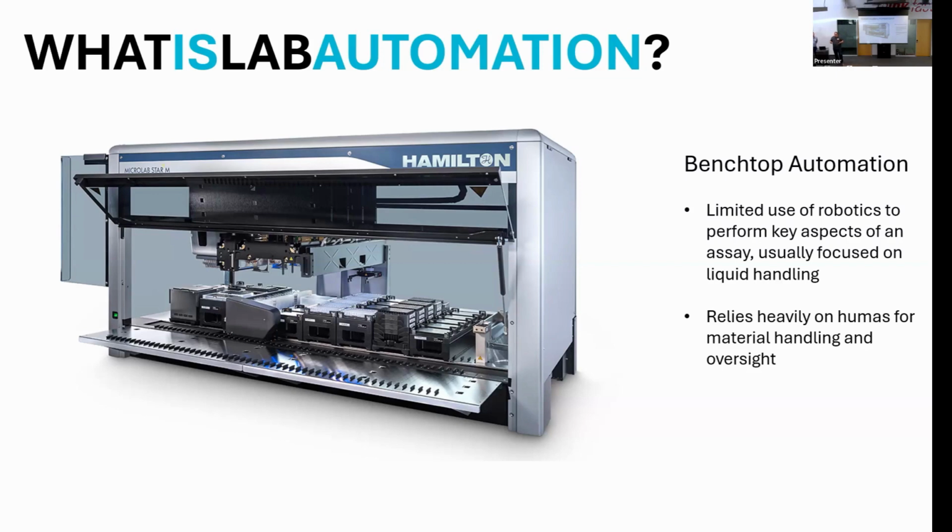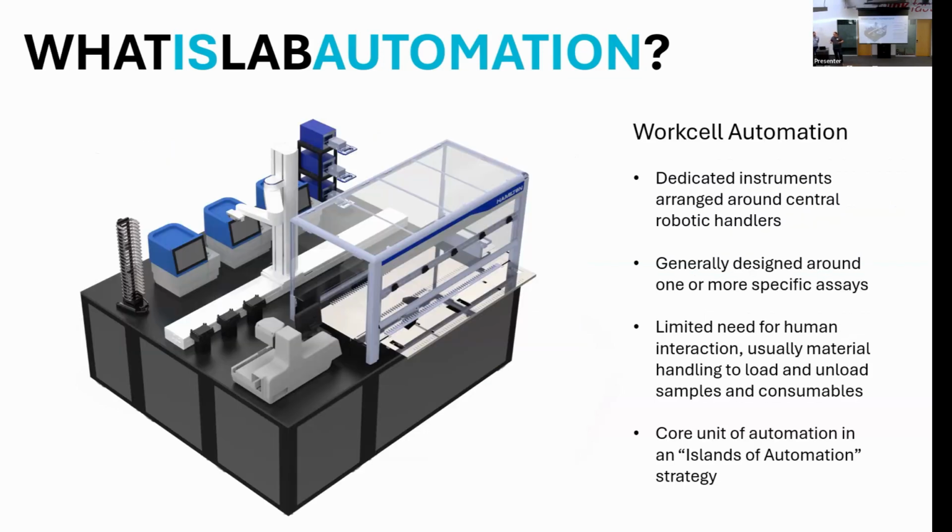Once that reaches its peak efficiency, you would move to more of a work cell level automation. And this is really about taking instrumentation off the bench and dedicating it to a position within a work cell that is usually centered around a robotic arm that can move the samples around. So again, you're reducing the dependency on human beings within the system and allowing a robot to take over some of the more mundane aspects of it.